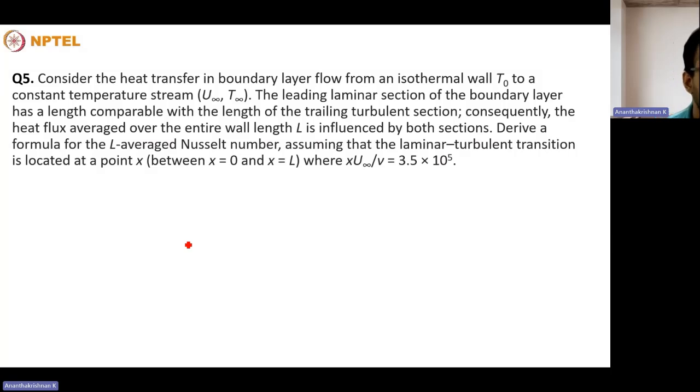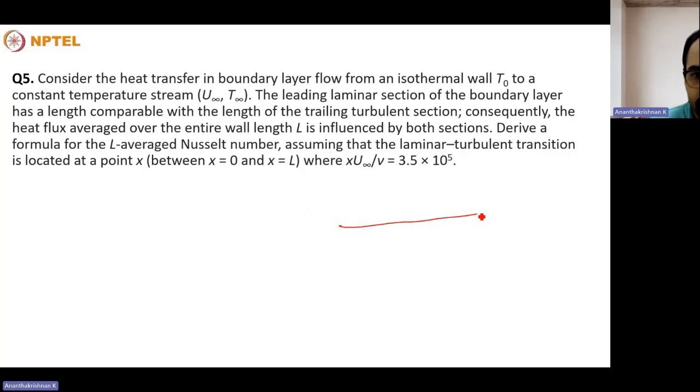Consider heat transfer in boundary layer flow for an isothermal wall. It's a flat plate at a constant temperature T0 in a stream U infinity, T infinity. The leading laminar section of the boundary layer has a length comparable with the length of the trailing turbulent section, so both the lengths are almost identical. We need to consider the heat flux averaged over the entire length L, influenced by both sections.